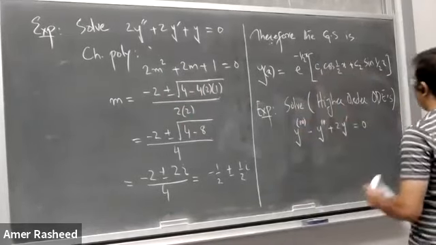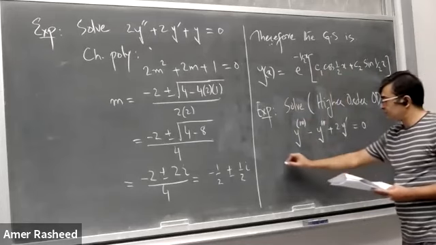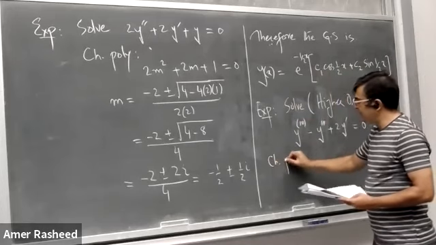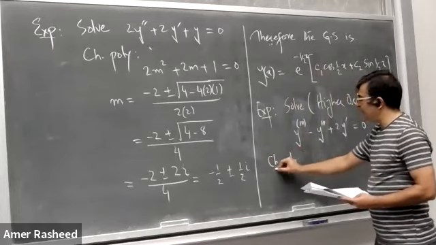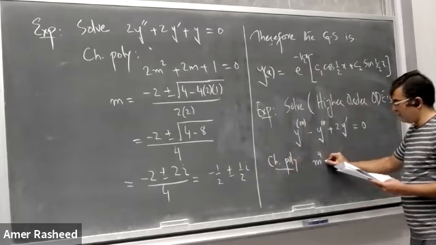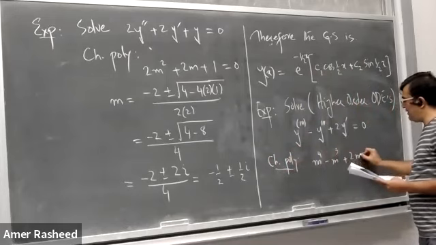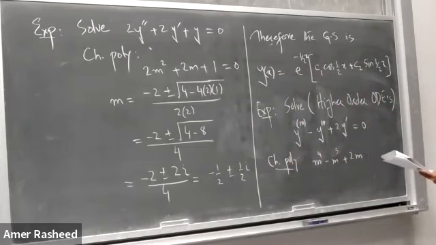After writing the characteristic polynomial, it can directly be written in this way, m4 minus m cube plus 2m is equal to 0.